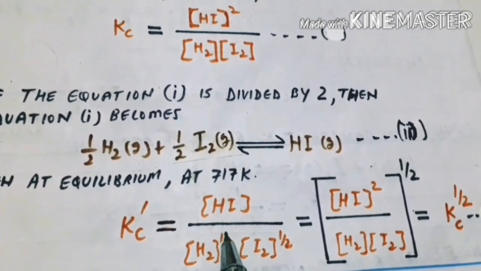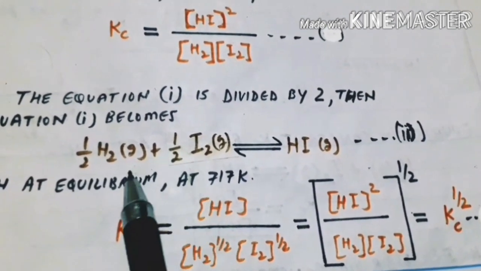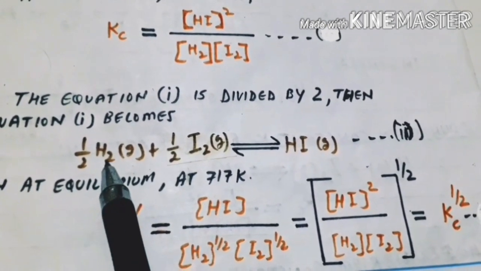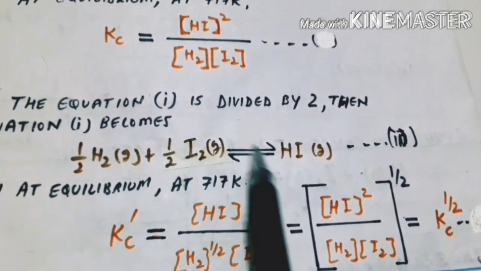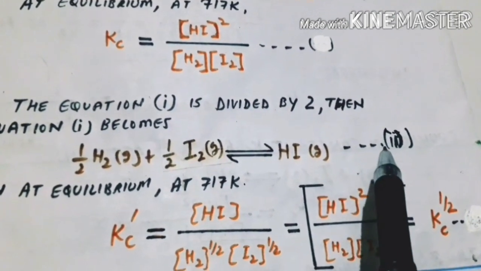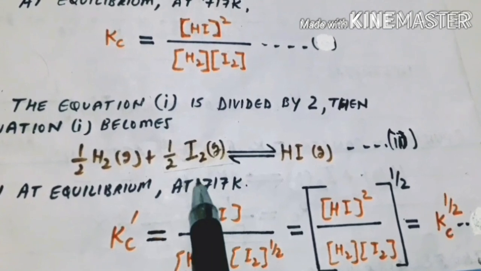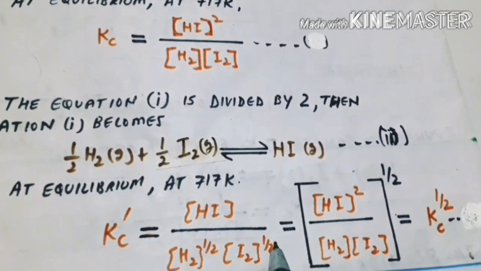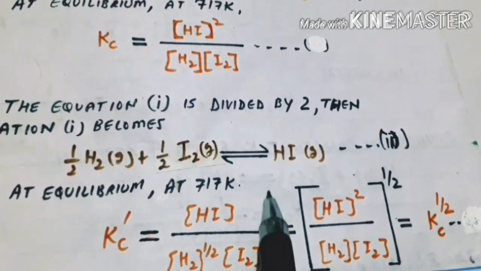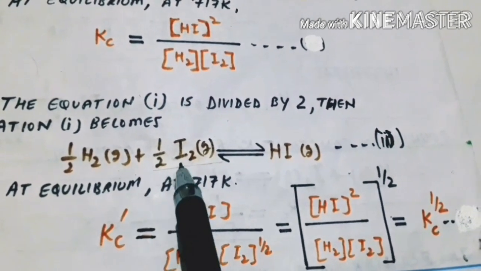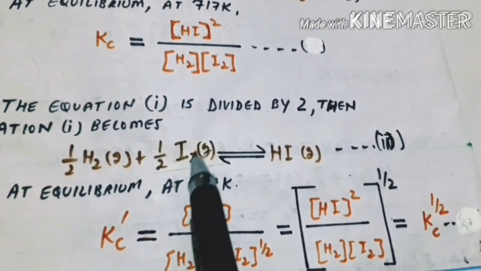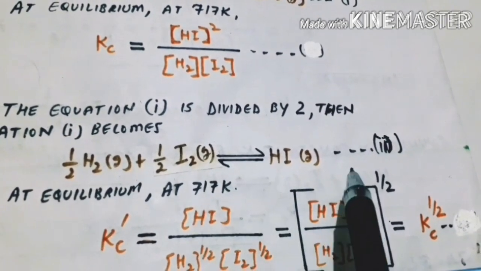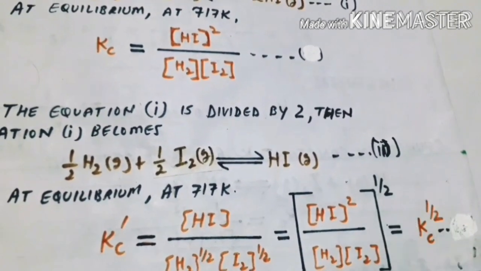So here power half is equal to the stoichiometric coefficient of reactant hydrogen gas in balanced chemical equation 2, into the concentration of reactant iodine gas raised to power half. So here power half is the stoichiometric coefficient of reactant iodine gas in the balanced chemical equation 2.